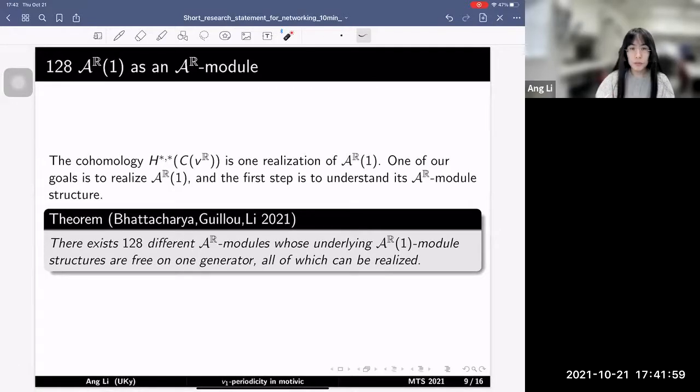We would like to discover more about that story. The first step is we want to understand how to extend A(1) as a full A-module in R-motivic. Actually, there are 128 different ways to extend that. And by a version of the total realization theorem, a weak form, we figure out all of them can be realized.